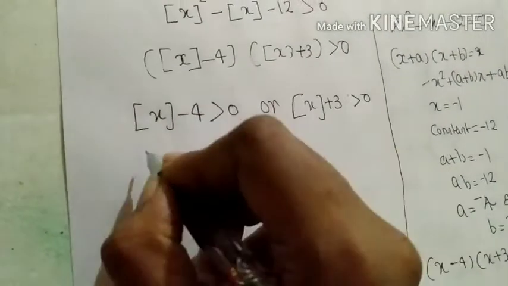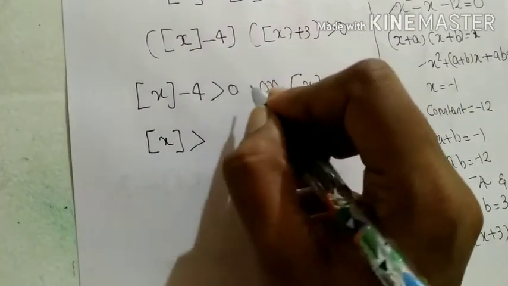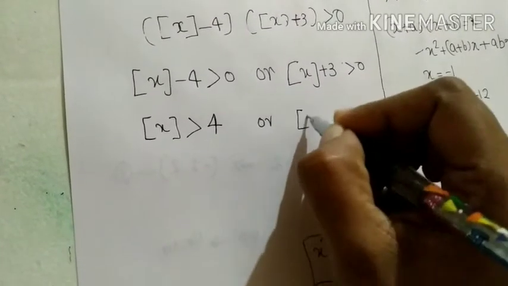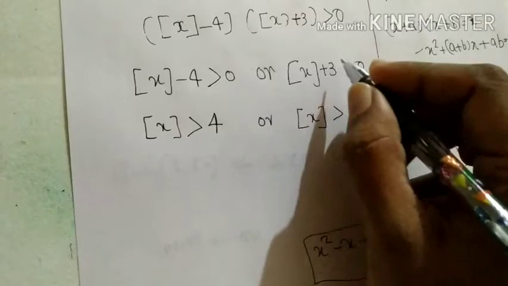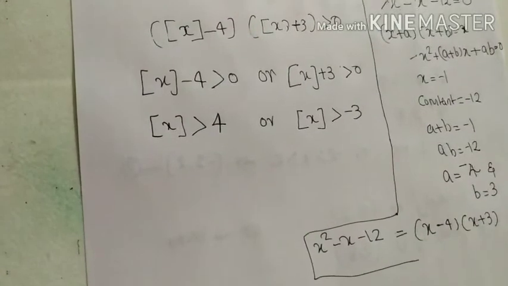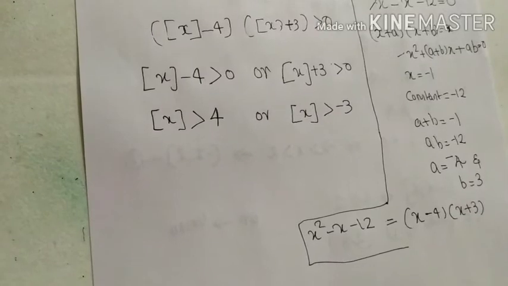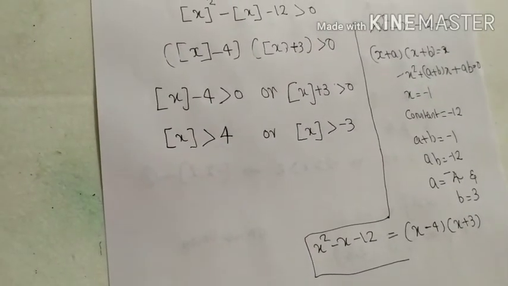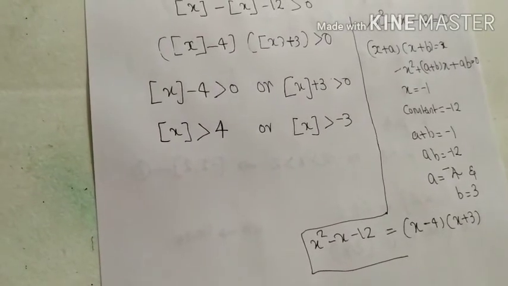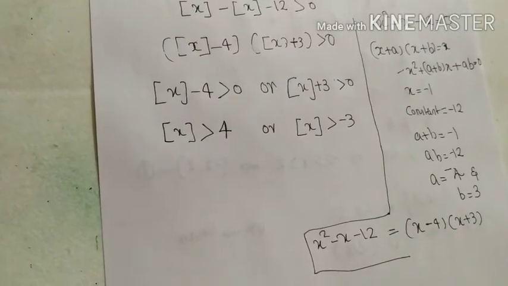From this we get greatest integer x greater than 4, taking minus 4 to the RHS, and greatest integer x greater than minus 3, taking minus 3 to the RHS.